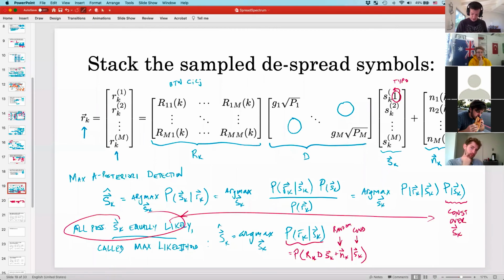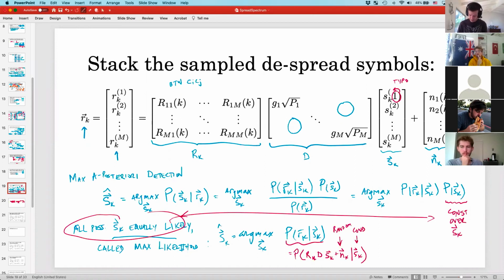And D is just a diagonal matrix of gains, so either channel gains and transmission gains. And then this whole matrix expression is going to be modifying the vector of sent symbols, which I'm calling the vector s_k. Of course, each of those symbols is going to be corrupted by its own sample of the noise process. And so we've got a vector n_k.